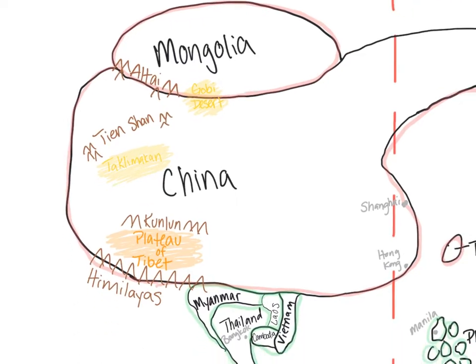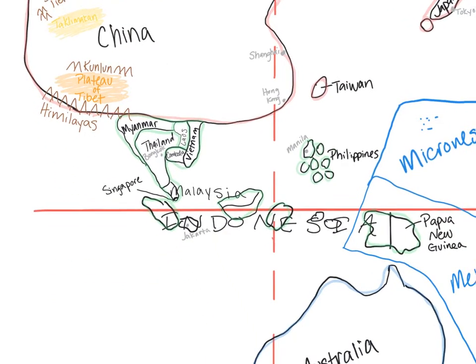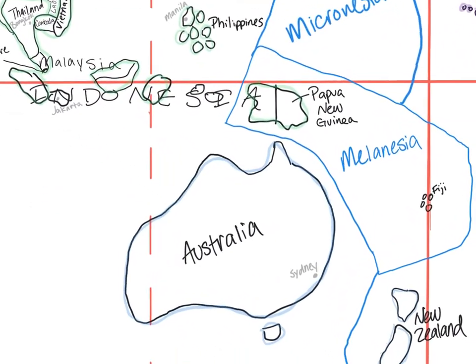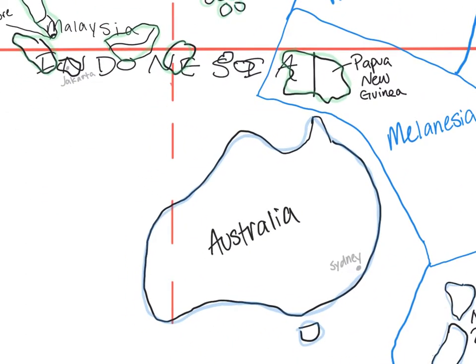And then we have two in Australia. Okay. We have the Great Sandy Desert. Really creative on the name. And the Great Victorian in the southern part.